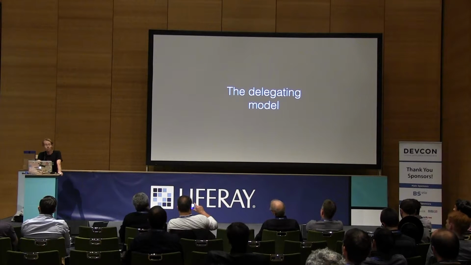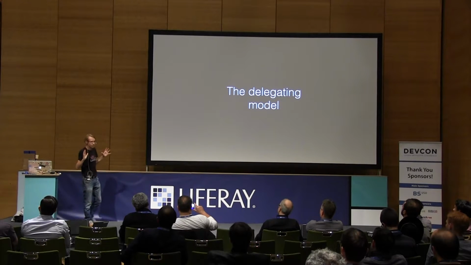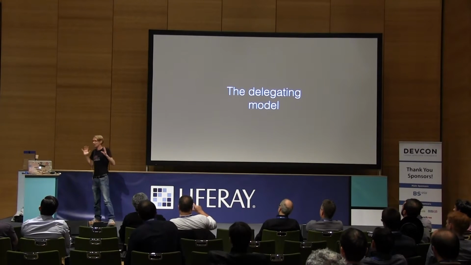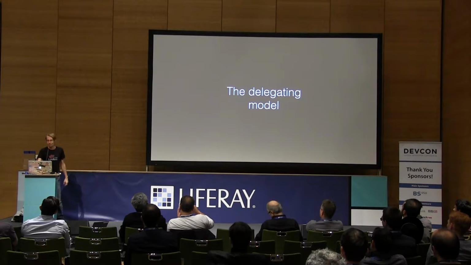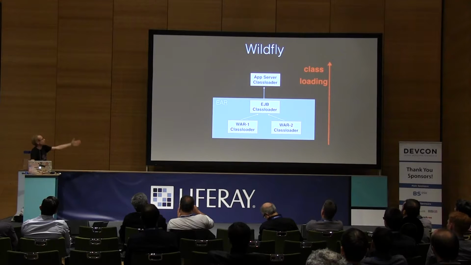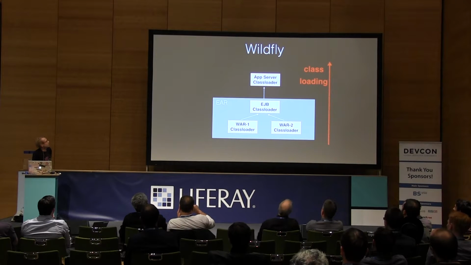They have their own module loader. It's not so great like OSGi, but it's a module loader, and they implemented the OSGi core specification by their own module system. So here we can see the classical Java Enterprise Edition architecture of class loaders.